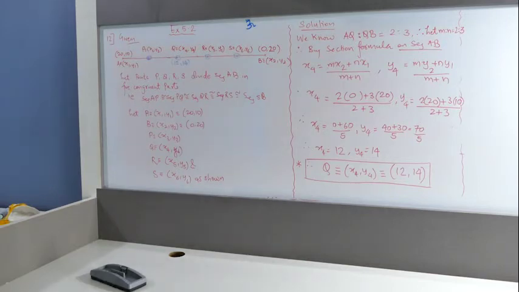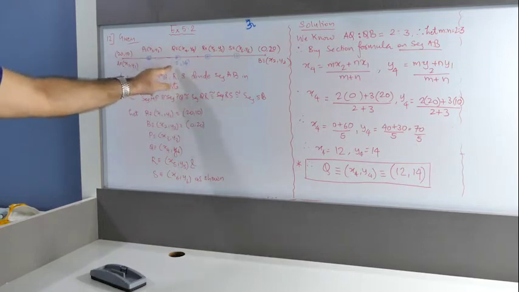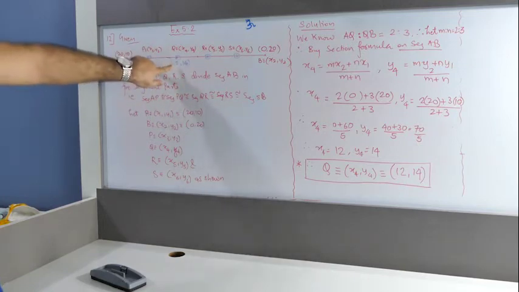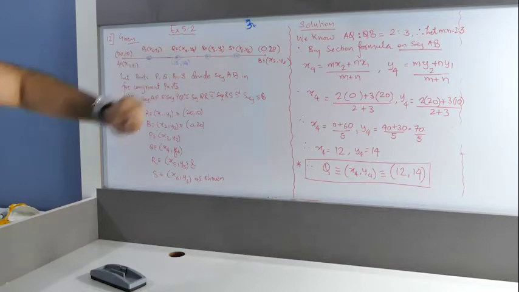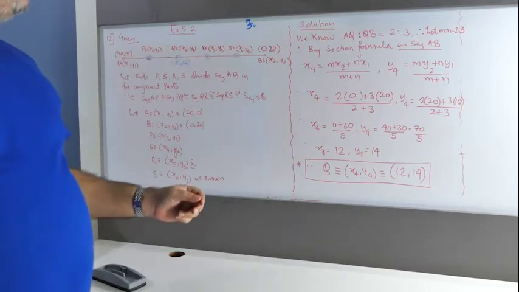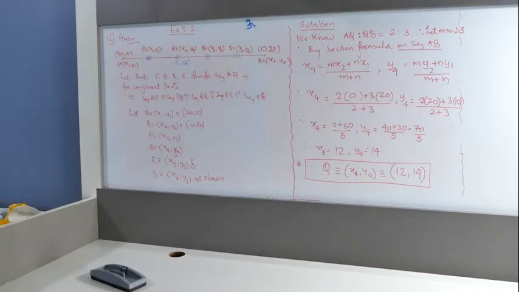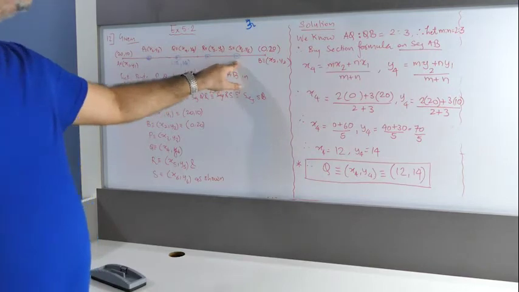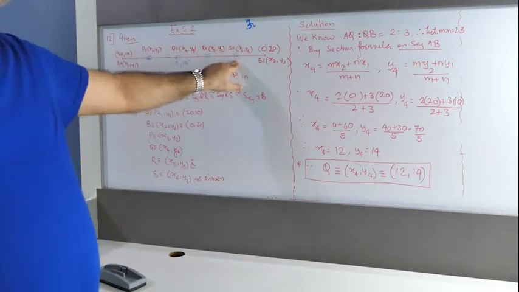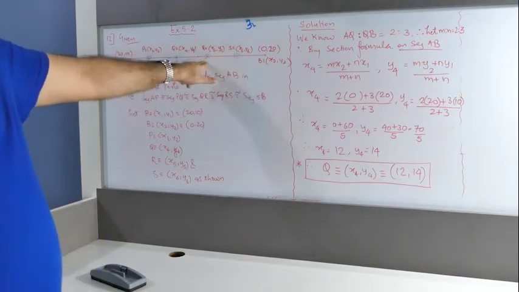Now this point P you can find out by the midpoint formula, because this is falling exactly in between these two, correct? Now how will you find the others? Again you can use the section formula for any one, let us say you can find R by section formula.